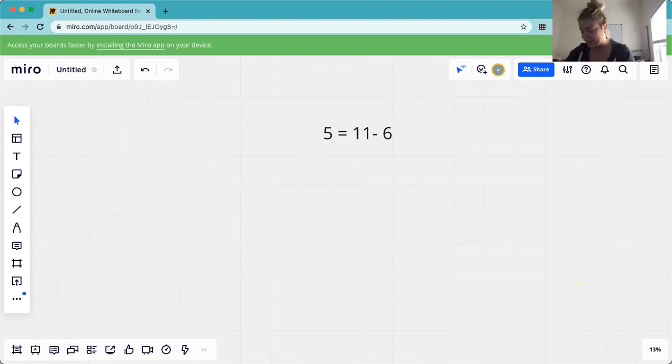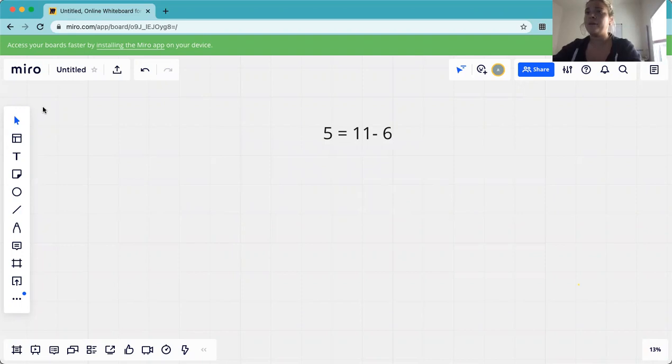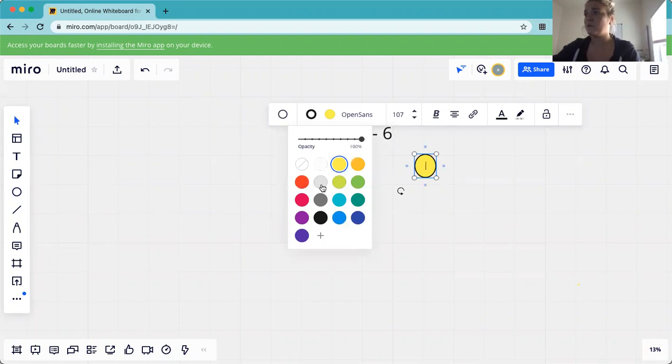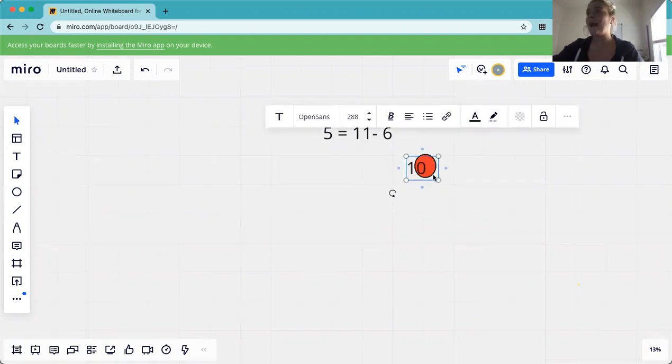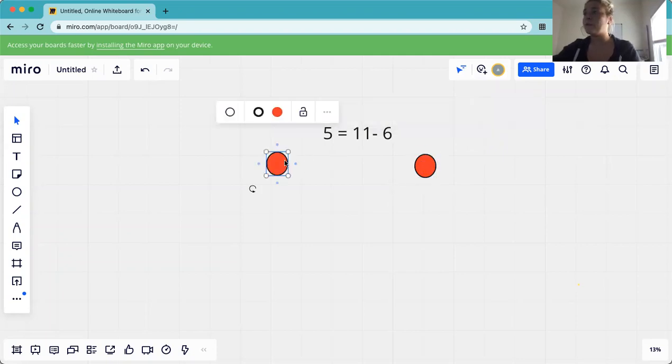With a subtraction problem, I'm going to start with the whole. That means I'm only going to use one colored counter. I'm going to use red. I'm going to make 11 of them, because remember, 11 is my whole here on the one side.